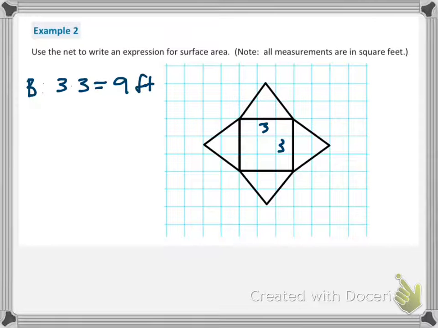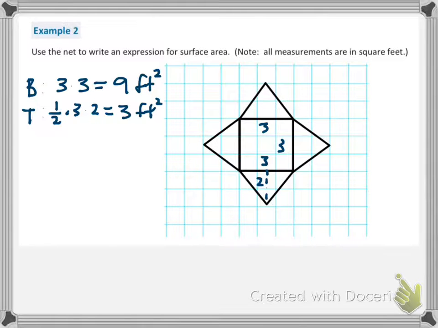So all these triangles are the same size. They have a 3 for a base, and the height would be here, and that's 2. So it's 1/2 of 3 times 2. And so the triangles are 1/2 times 3 times 2. Well, half of 6 is 3. So that's 3 square feet.